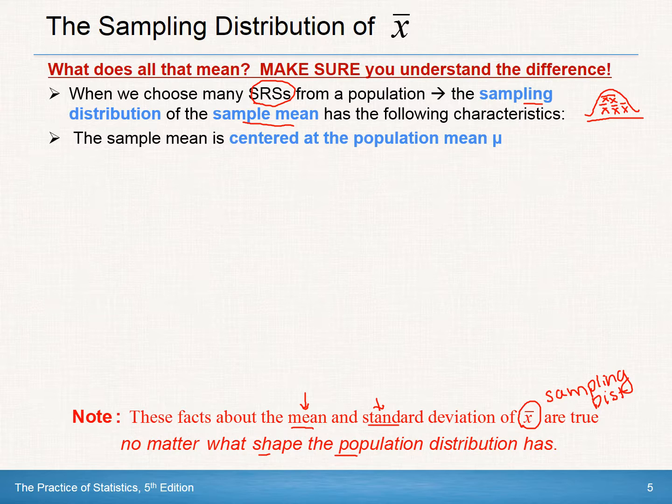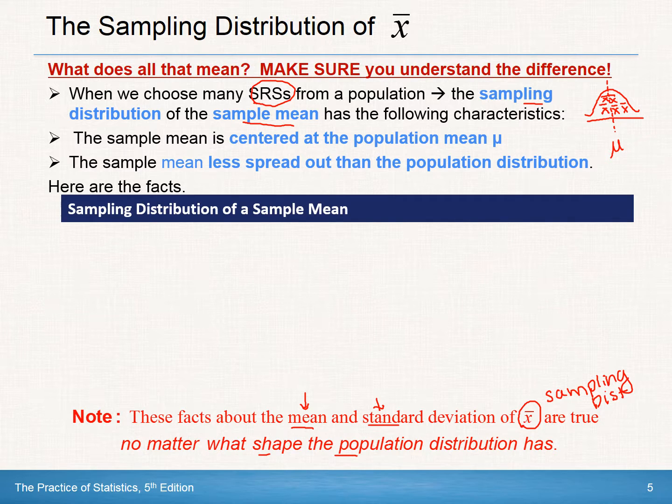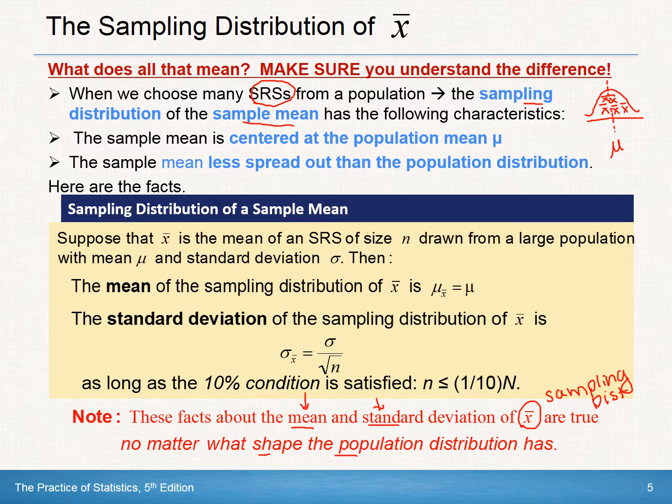If I were to take the average of the averages, it will have the same mean as the population. The sample mean is less spread out than the population distribution. That's saying that the sampling distribution has a smaller spread. So, basic facts about the sampling distribution of a sample mean.